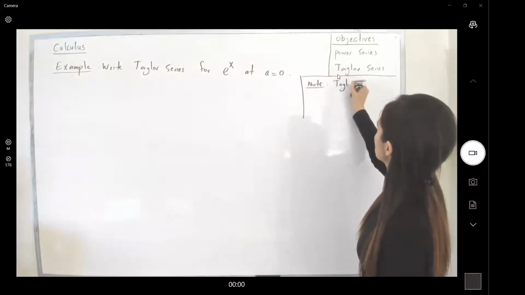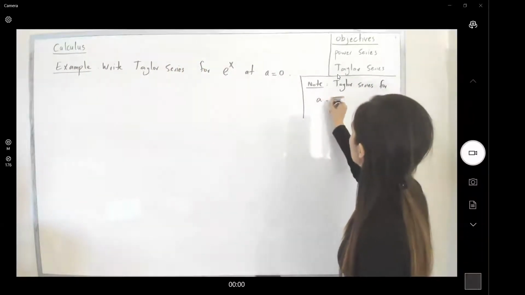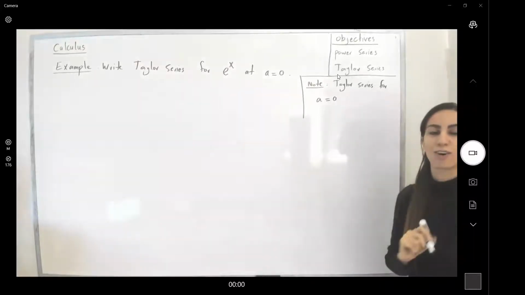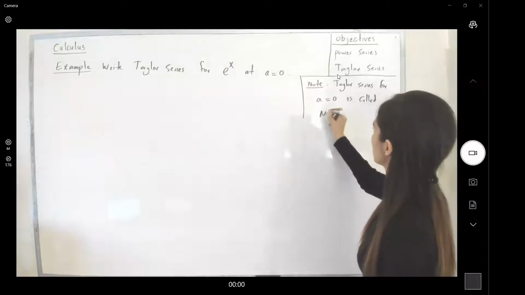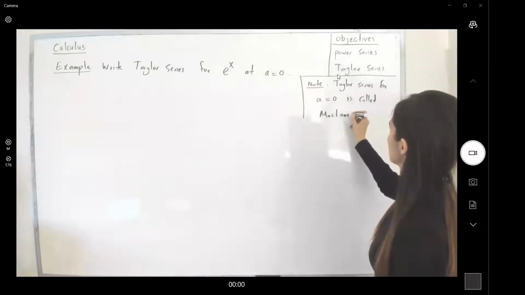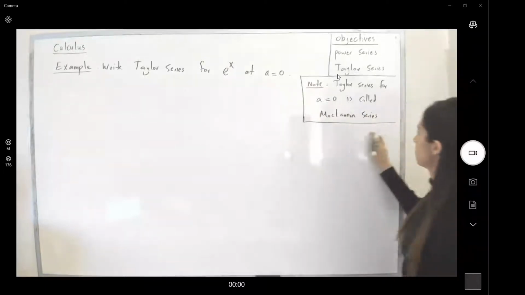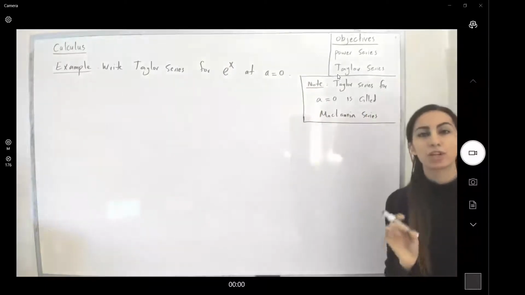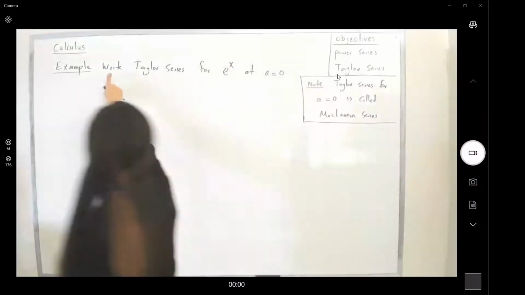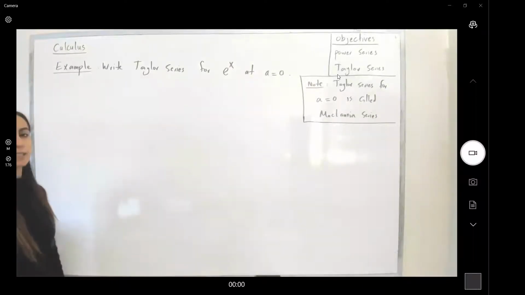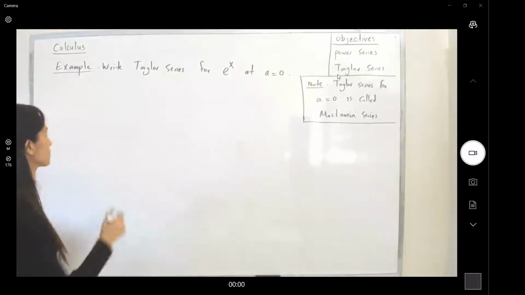Taylor series for a equal to 0 is called Maclaurin series. So Maclaurin series is a special case of the Taylor series. So when the question says, hey, write Taylor series for e to the x at a equal to 0, it means that we are looking for the Maclaurin series.